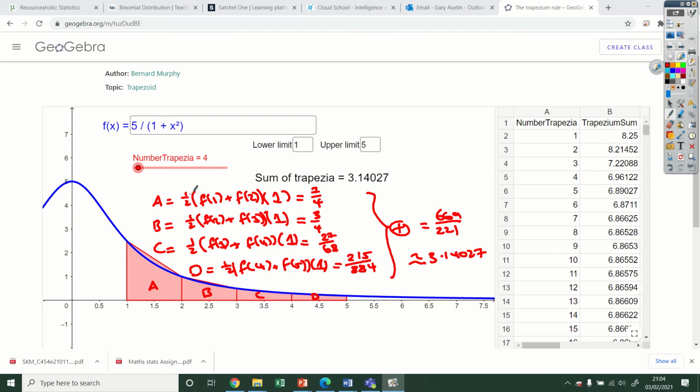However, what we can notice is when I'm adding these all together, there's going to be quite a lot of common factors going on. So what we can do is we can generalize this, add it all together and get a nice formula. So I'm now going to draw an arbitrary function and we're going to figure out how we can put this all together. Okay, axes I'm going to draw.